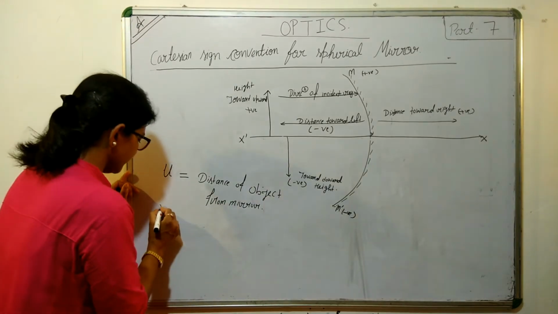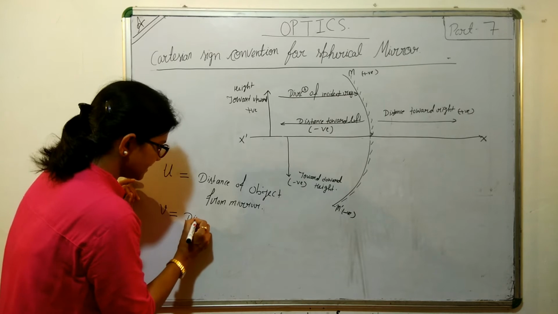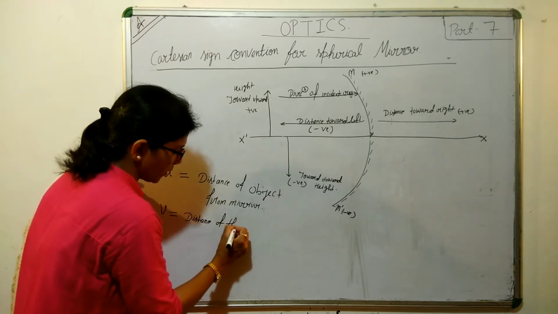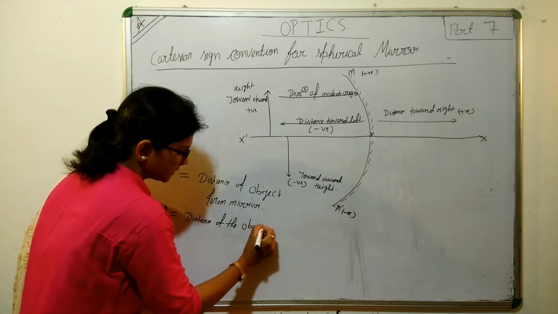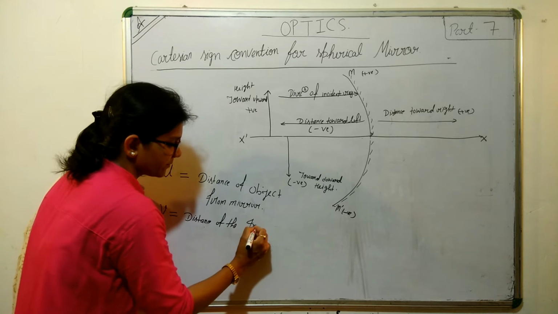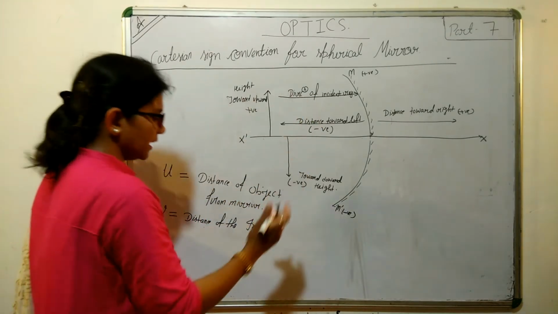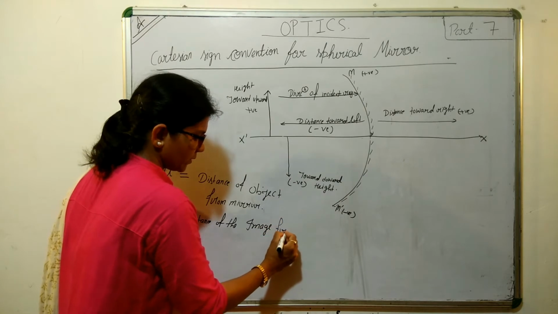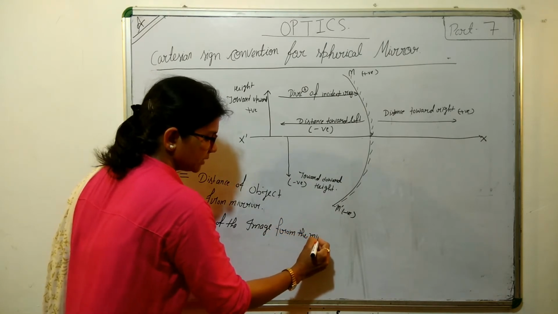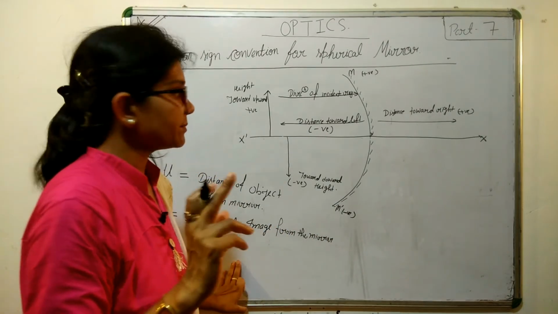Then the second, v. It is the distance of the image from the mirror. Now just pay attention.